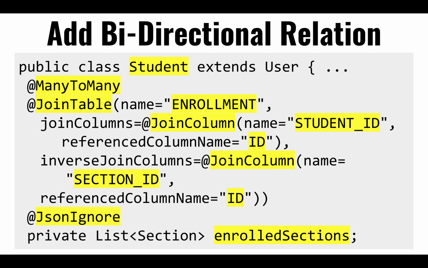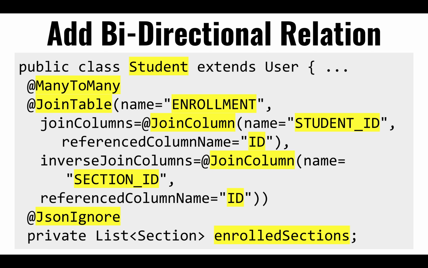The way you do that is, well, there are two ways. One of them is using the @JoinTable, which you can use to create a brand new table called enrollment. That enrollment table should have two fields. One field should point to this class, student, and the other field should point to the other table, which is section.